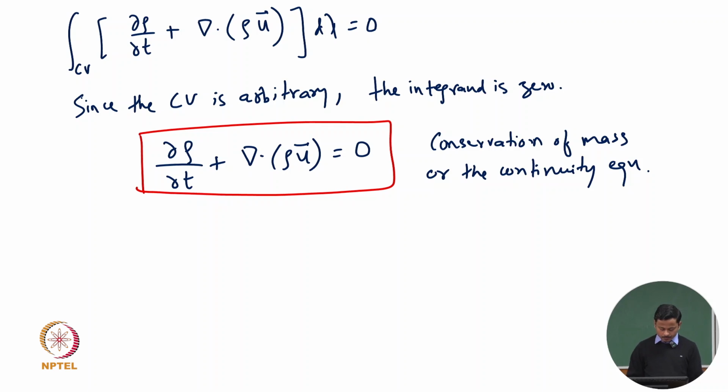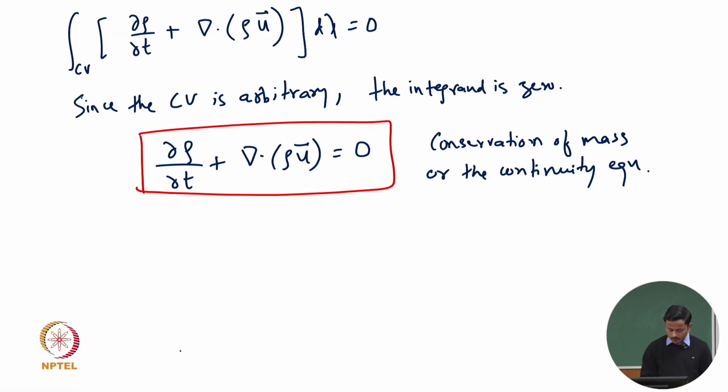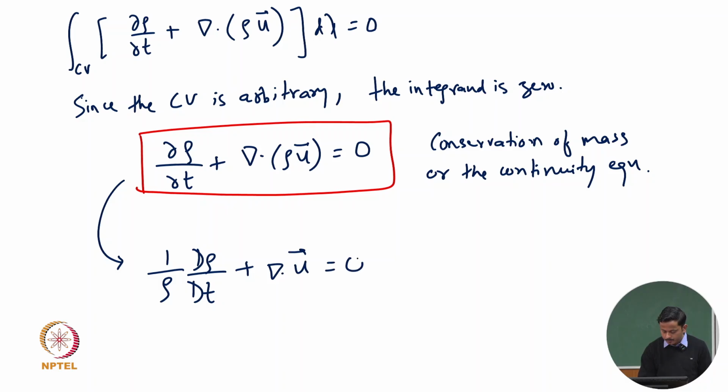We can also expand this to write it in a different form, because now we know what the total derivative is. This is just one line of algebra that you are expected to do yourself, so that we can write it in this form.